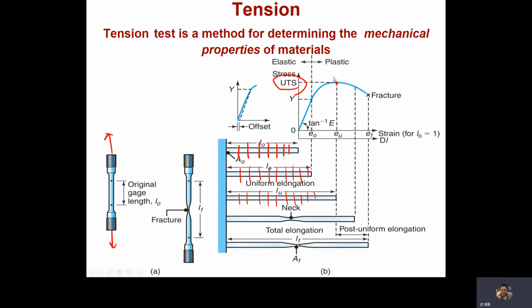It's a geometric change called necking, right? When the stress is higher than the UTS, this metal starts to neck. If you keep pulling, this metal rod will finally fracture, just broken.